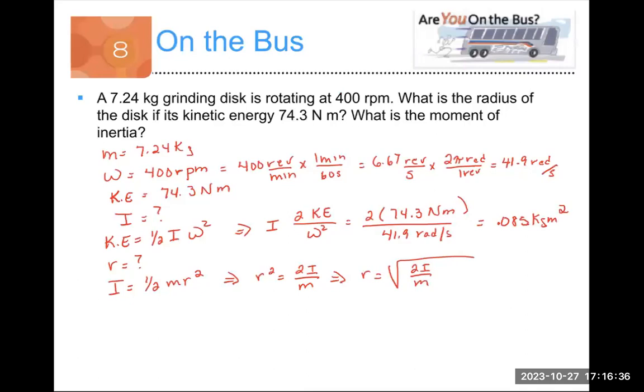So then r will be the square root of 2 times I calculated my moment of inertia, 0.085 kilograms meters squared, divided by my mass, which was 7.24 kilograms. I take the square root of that, and R is going to be 0.153 meters.